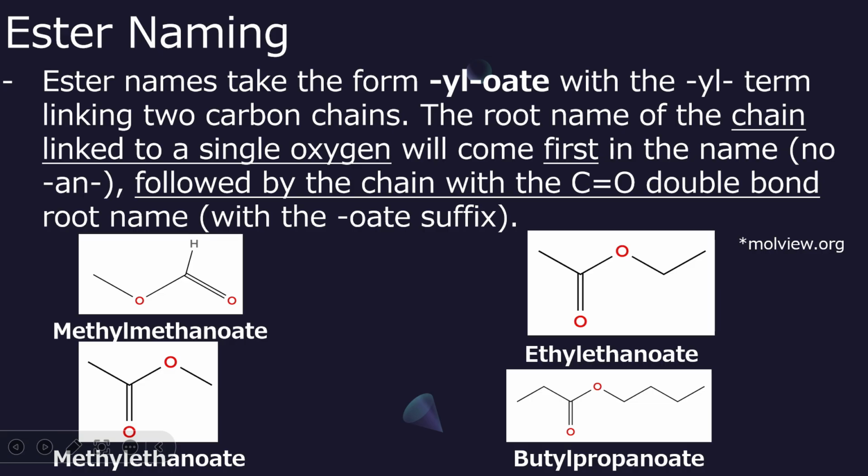So I have some examples here. Simplest one, methyl methanoate. So methyl is that CH3 group on the far left. It's just connected to one oxygen. So methyl. And then methanoate. There's 1 carbon on the right, double bonded to oxygen. That's the methanoate group. And so the whole name becomes methyl methanoate.